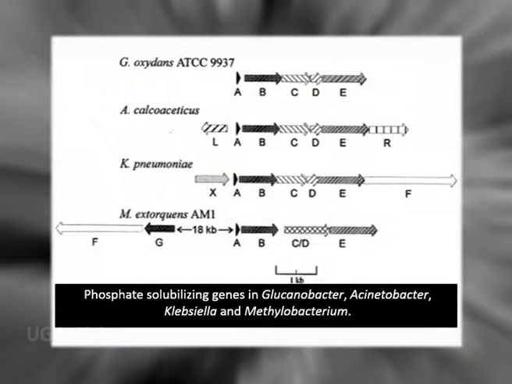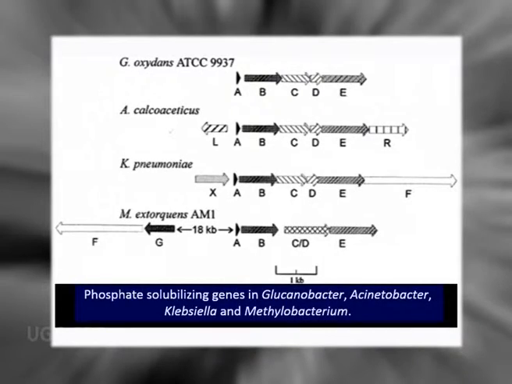And there are specific genes which are responsible for the activation of PQQ or phosphorus solubilization, and these genes are different in Gluconobacter, Acinetobacter, Klebsiella or Methylobacterium. So every bacterium mentioned here may have a different system of genes which will solubilize phosphorus.